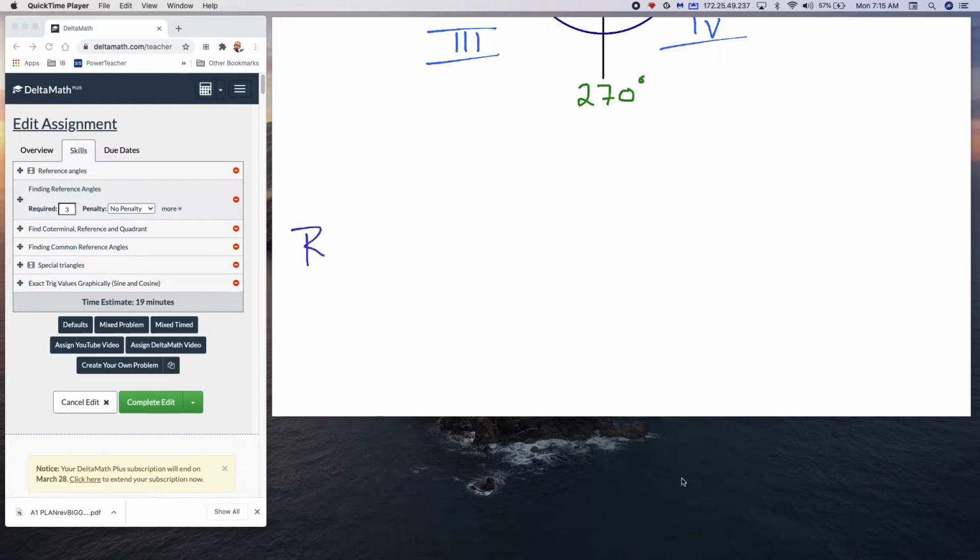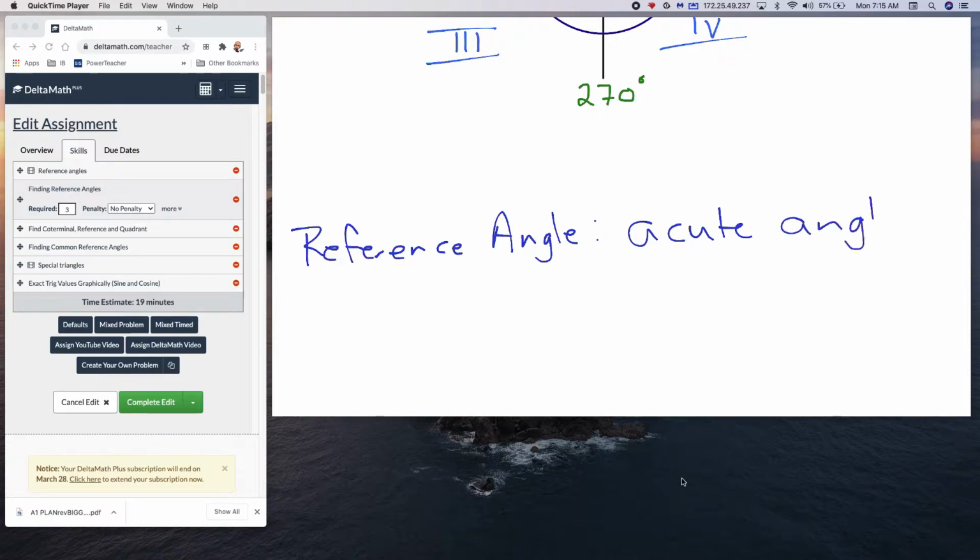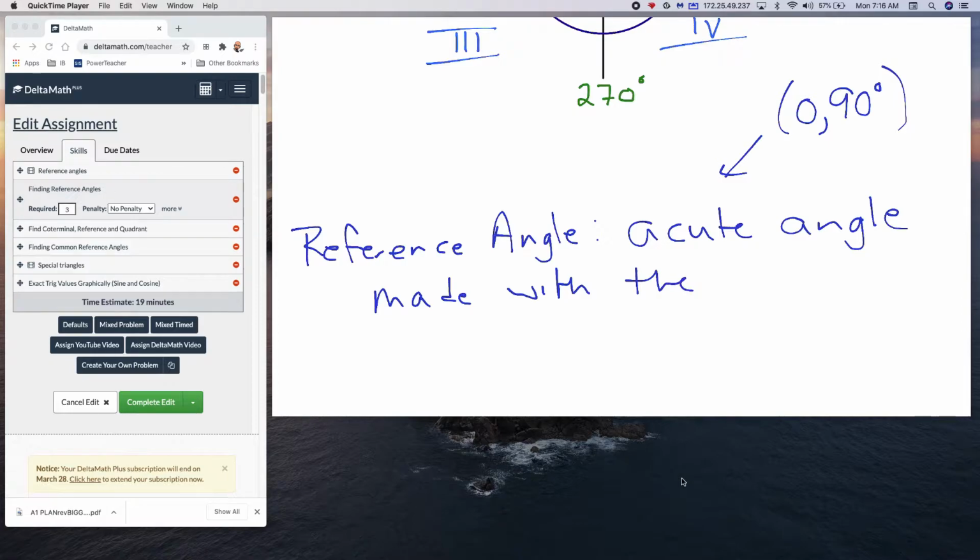A reference angle is the acute angle, so between 0 and 90 degrees, made with the x-axis, the horizontal axis.